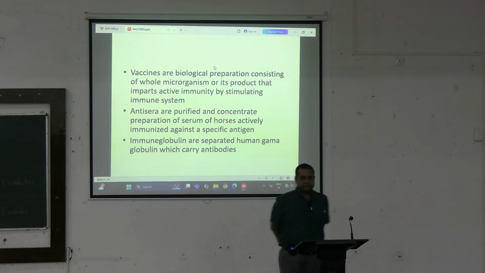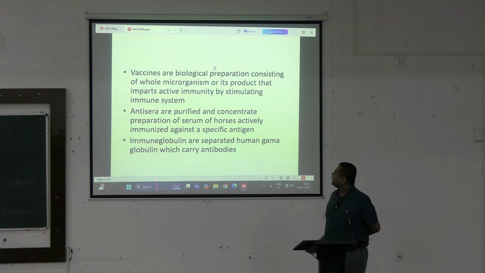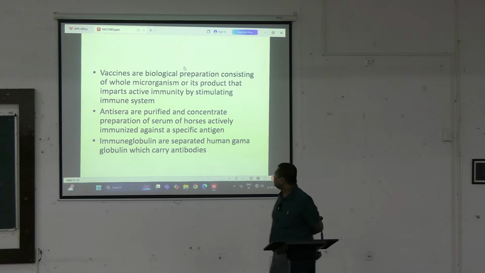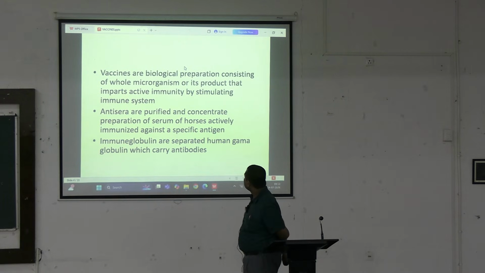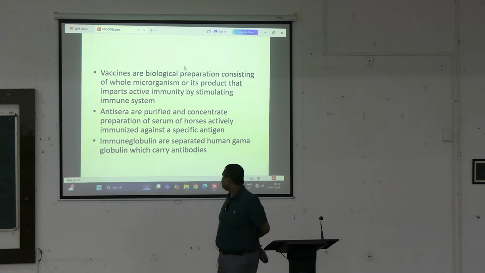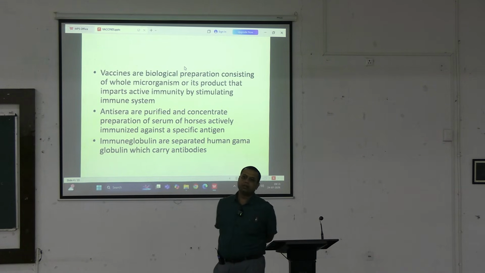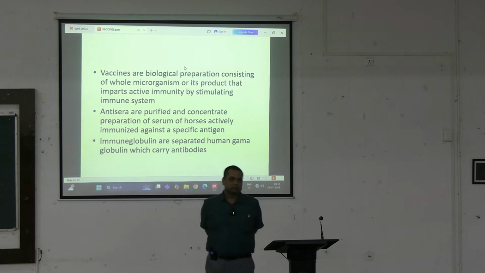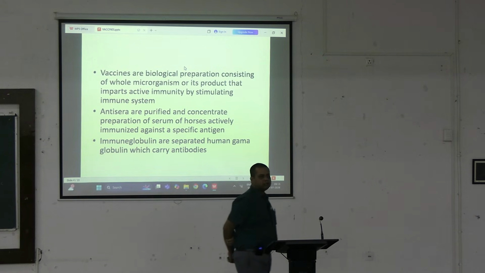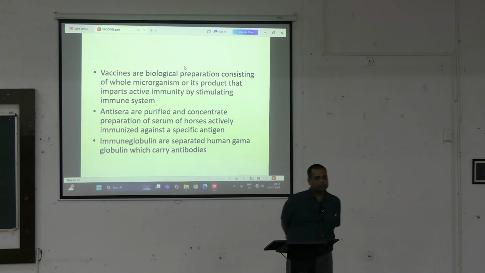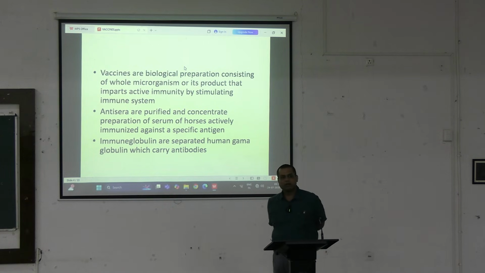So then there are the Antisera. Antisera are purified and concentrated preparations of serum of horses actively immunized against a specific antigen. Any example you know of Antisera? There is polyvalent snake anti-venom, that is an Antisera.